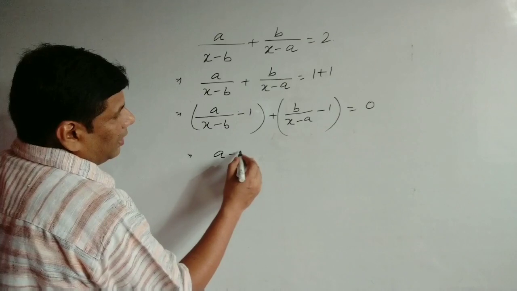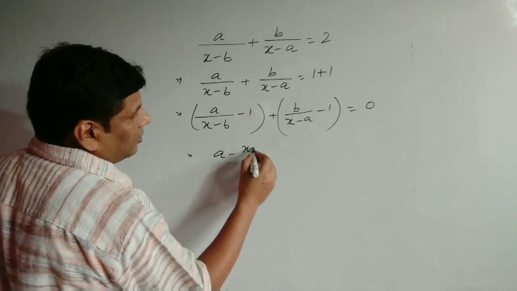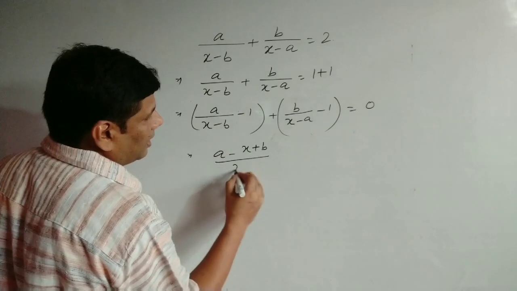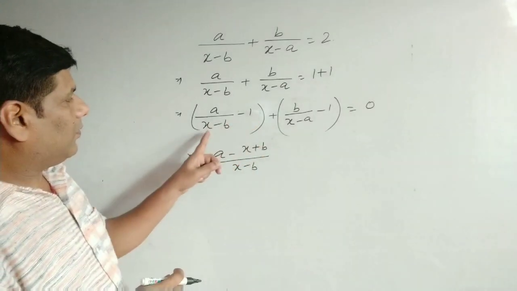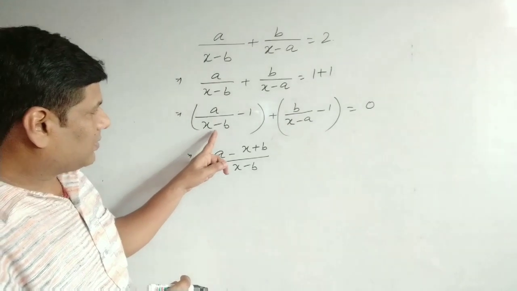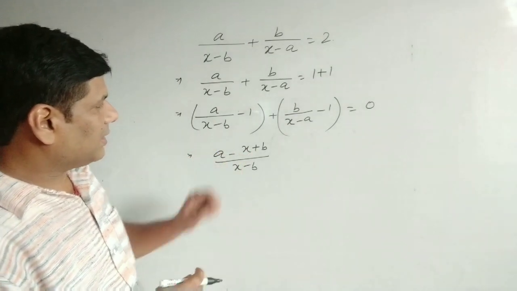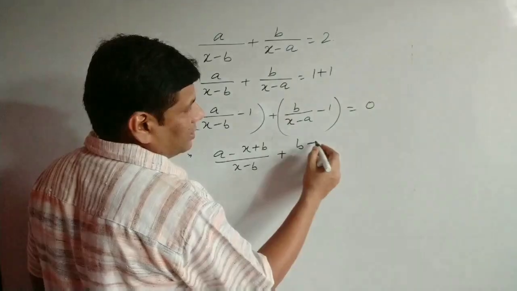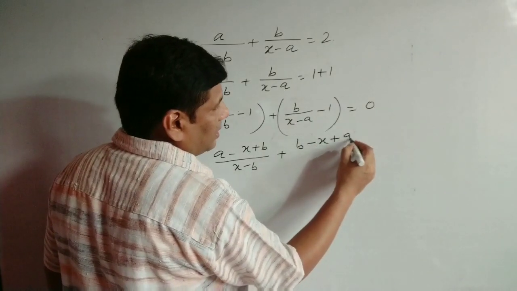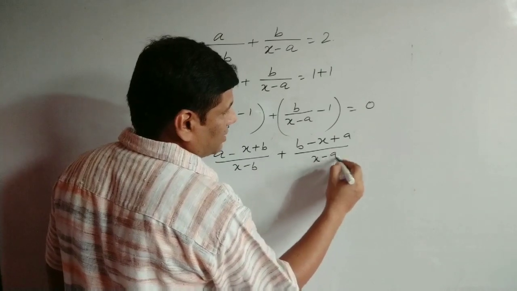We get (a minus x plus b) by (x minus b). Why is it plus here? When we multiply minus 1 with (x minus b), we get minus x plus b. And here, (b minus x plus a) by (x minus a) equals 0.